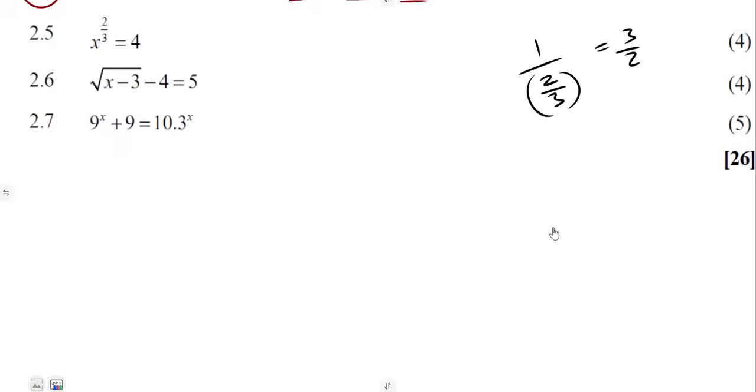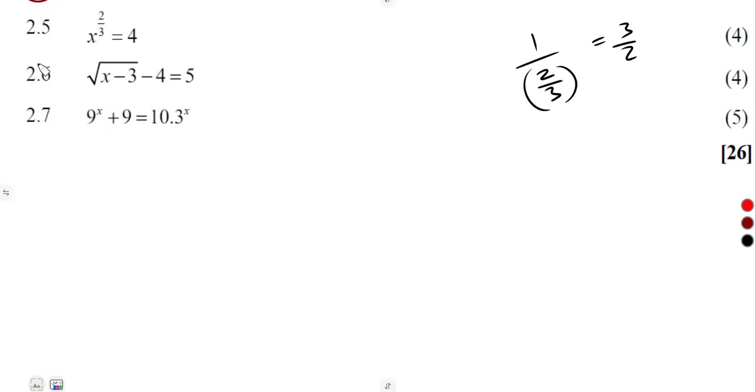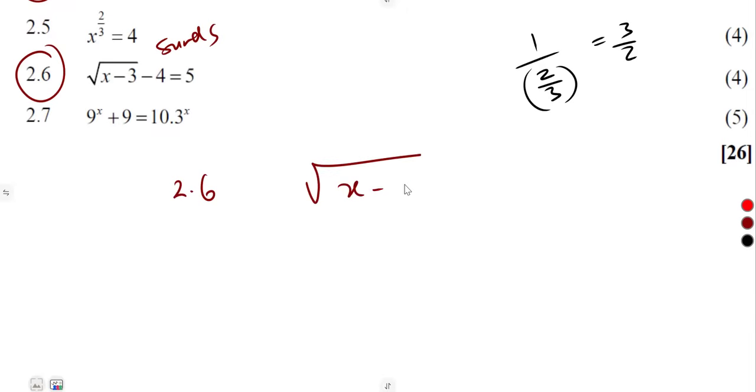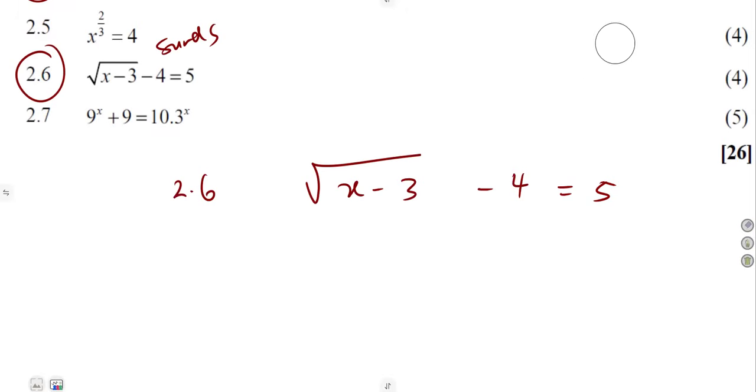All right, let us consider 2.6 under our surds. We are given the square root of x minus 3, minus 4, equal to 5. So remember, the first thing is to isolate the surd, to make sure that the surd is on its own, to make it the subject of the formula.